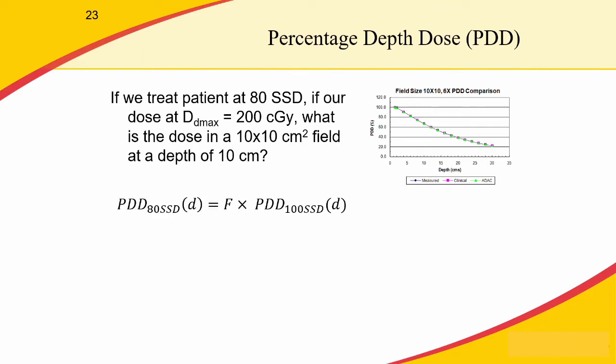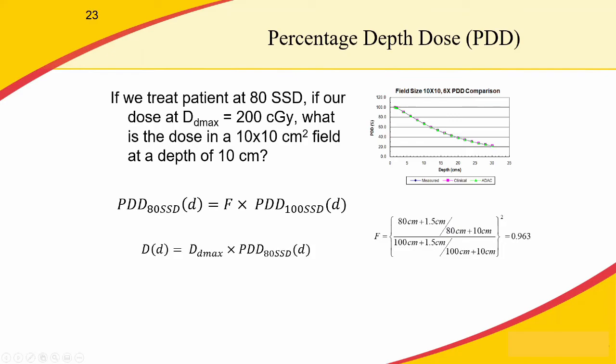So we know that our PDD at 80 SSD is equal to our Maynard F factor times our PDD at 100 SSD. So we would calculate our Maynard F factor again. We would divide out our 100 centimeter calibration SSD inverse square factor, and we would multiply in the inverse square factor for the 80 cm setup.